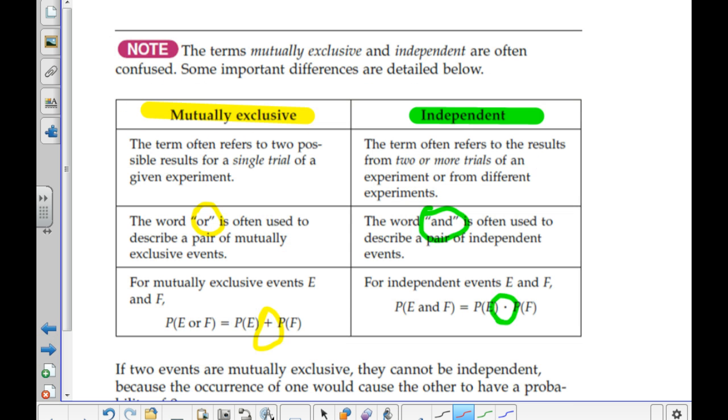It says mutually exclusive usually refers to a single trial of a given experiment. It usually has the word "or," and you add. Independent events refers to 2 or more trials of an experiment or from different experiments. It will have the word "and," and you multiply.